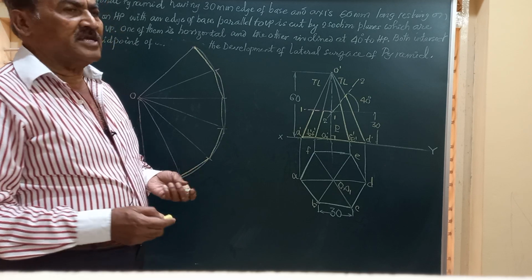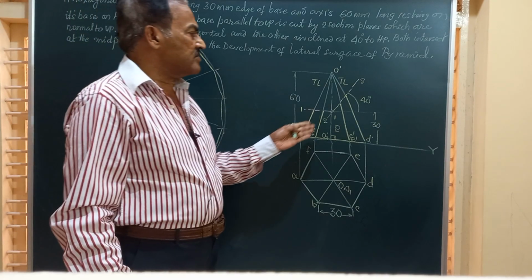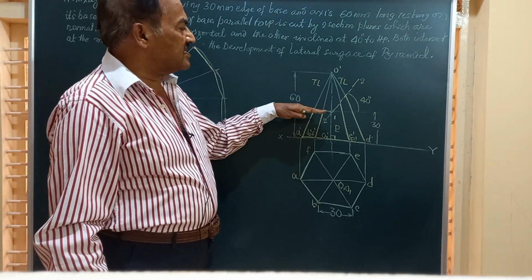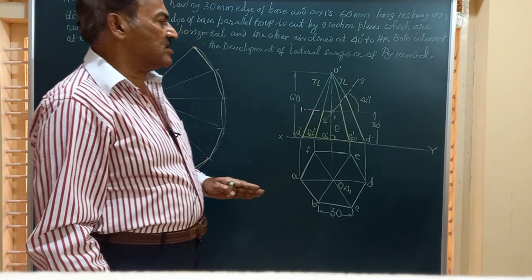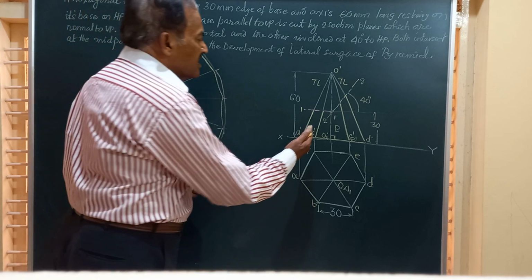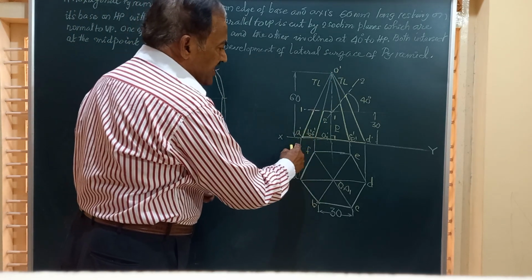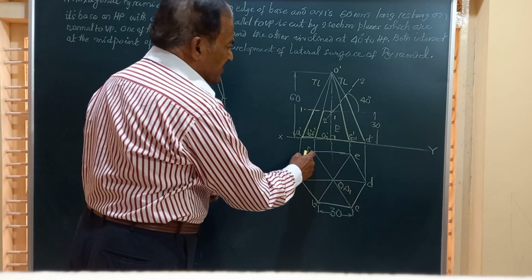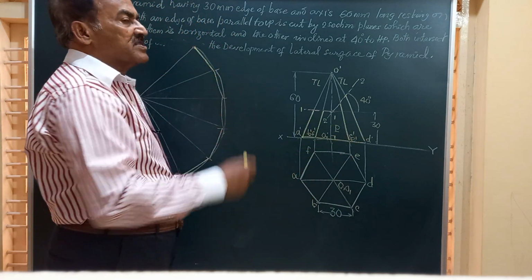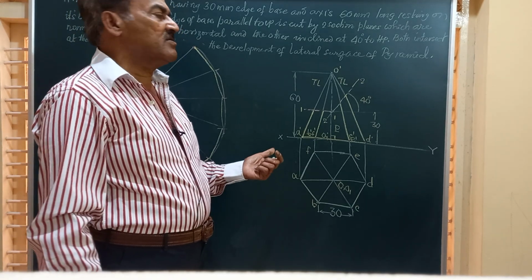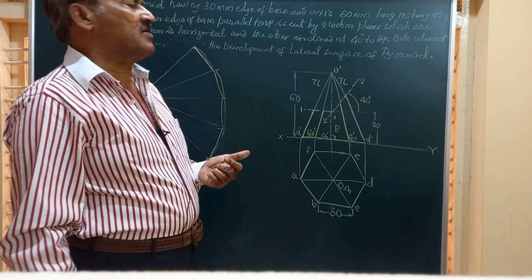Now friends, let us see from where we should draw the development. Here you can say both the horizontal and inclined section planes are cutting the solid, but none of these slant edges from O dash A dash to O dash F dash are removed after the object is cut, and hence we can start the development from any point of your choice.